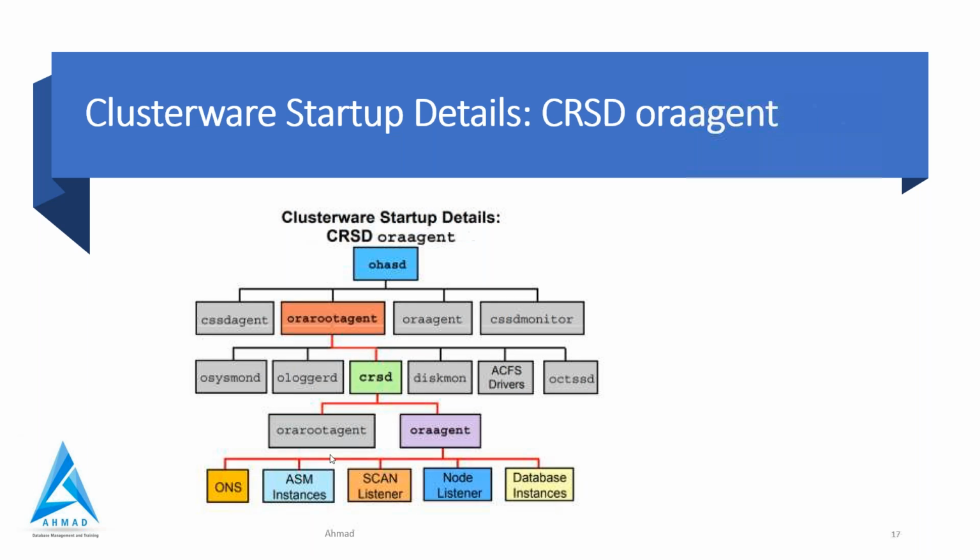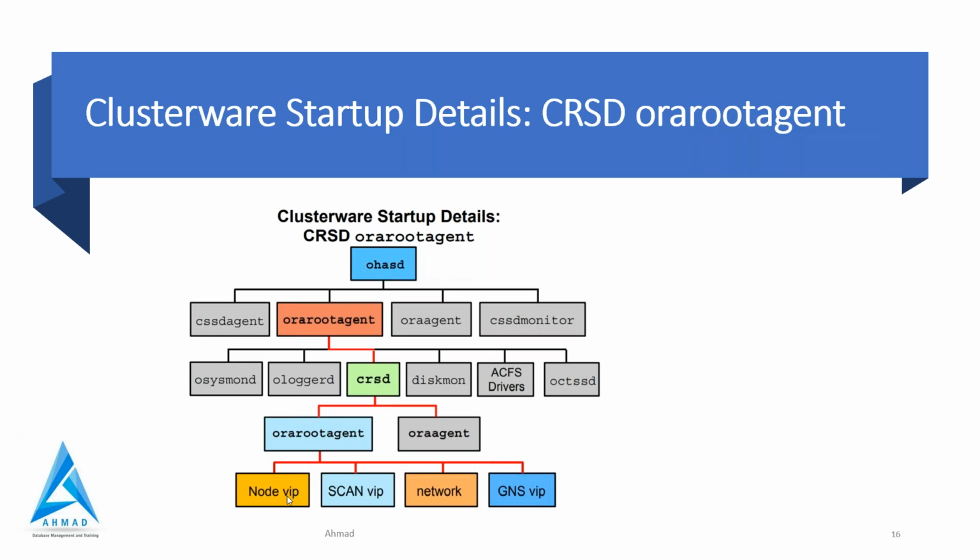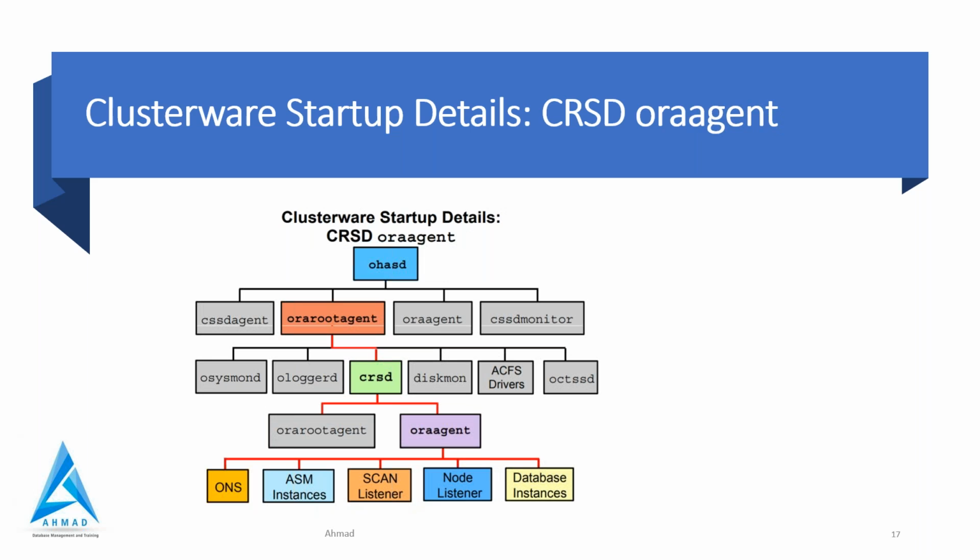The CRSD Oracle root agent will start node VIP, SCAN VIP, network, and GNS VIP. So it means the CRSD root agent will manage the network. Clear? And then the CRSD Oracle agent will manage ONS, ASM instance, listener, node listener, and database instance. So the CRSD Oracle agent basically manages the instances, listeners, and Oracle Notification Service.